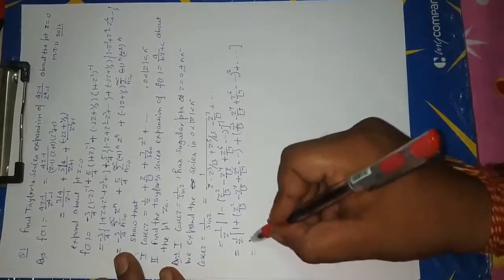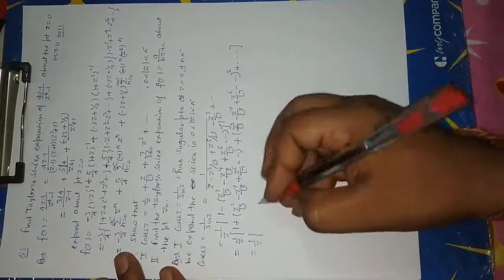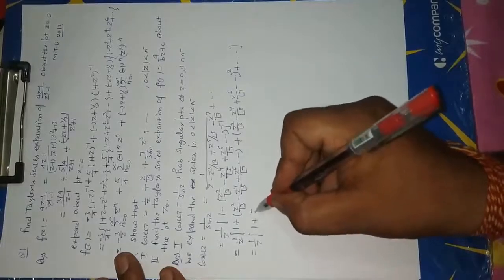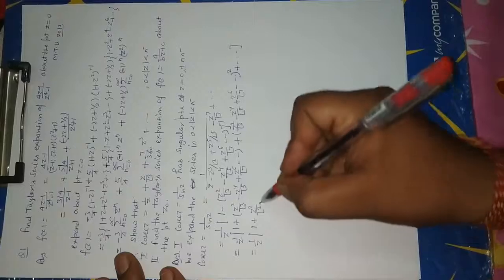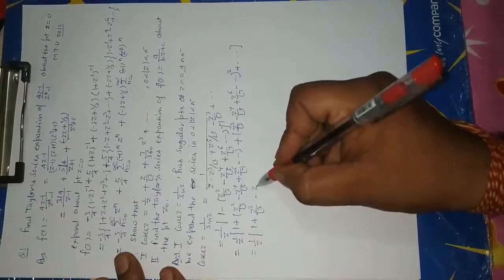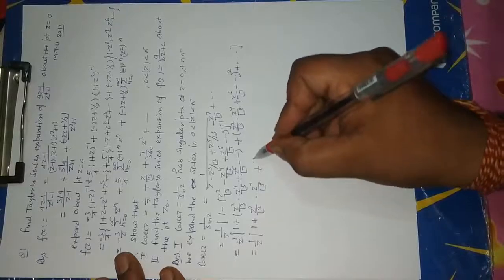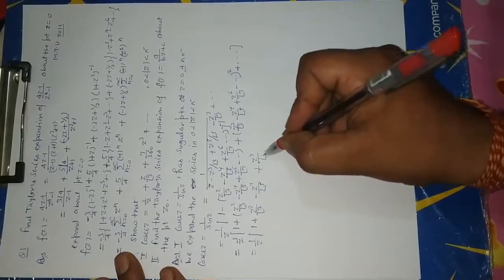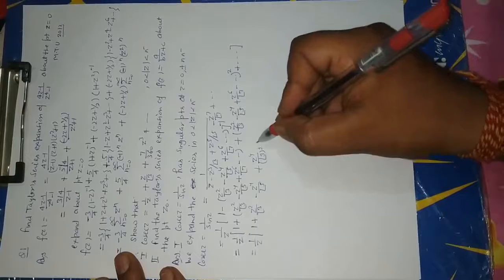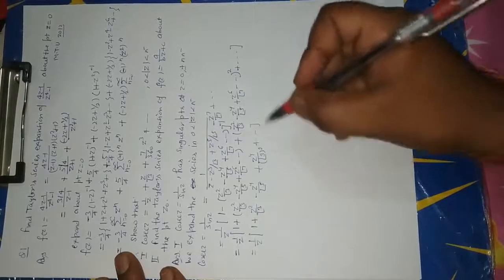This is equal to 1 upon z times (1 plus z square upon factorial 3 minus z to the power 4 upon factorial 5 plus (z square upon factorial 3) whole square plus up to dot).